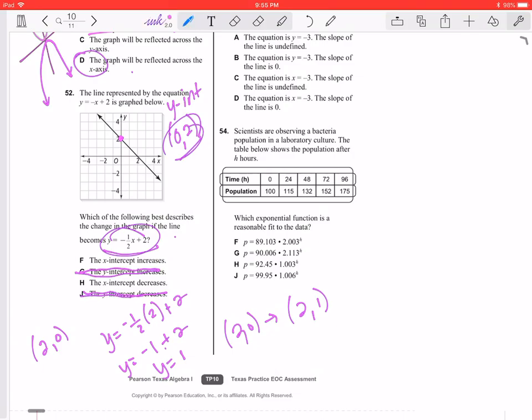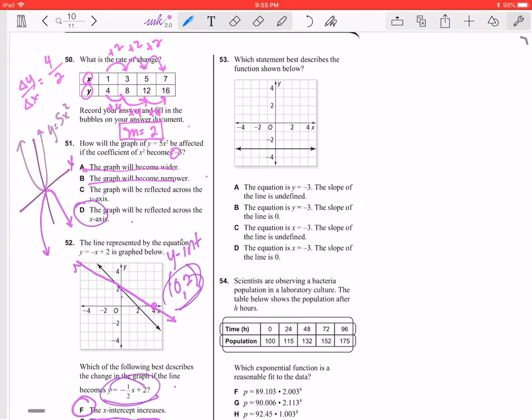We're going down 1, and then right 2, down 1, right 2. So now our x-intercept, not our y-intercept, my apologies, we went from our x-intercept at 2, 0 to 4, 0 now. So the x values increased, so our answer would be F.